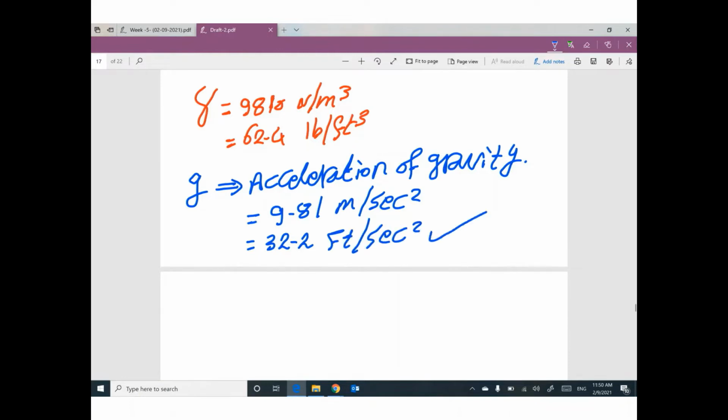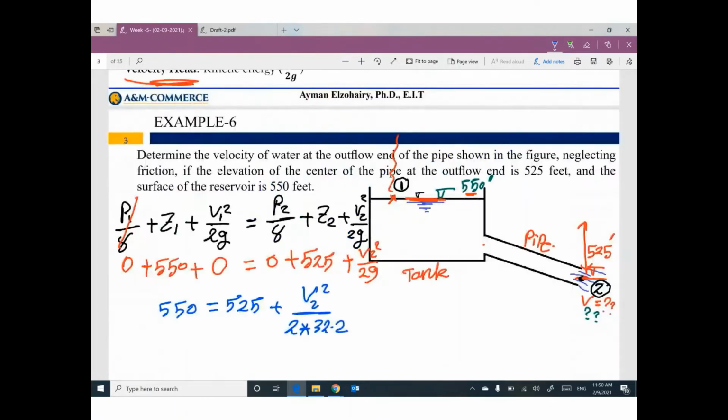If you are talking about US units, G will be 32.2. This is the reason why I put G as 32.2. The only unknown in this equation is V2. I can figure it out. This velocity will be 40.12 feet per second.